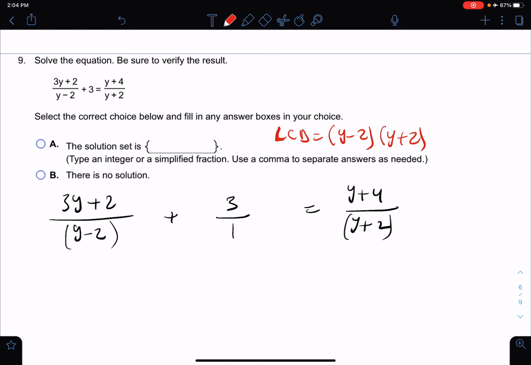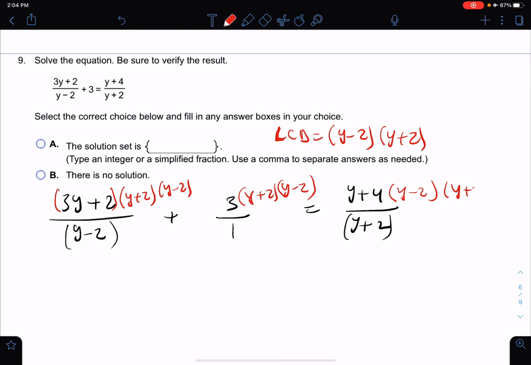So we have an LCD. Yes, good. So we multiply both sides by the LCD, and that's going to be y plus 2 times y minus 2, y plus 2 times y minus 2, and y minus 2 times y plus 2.